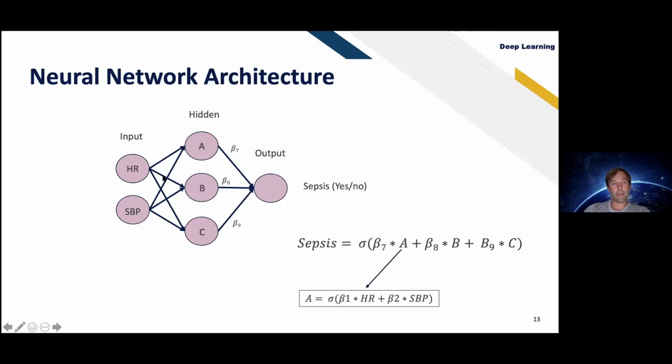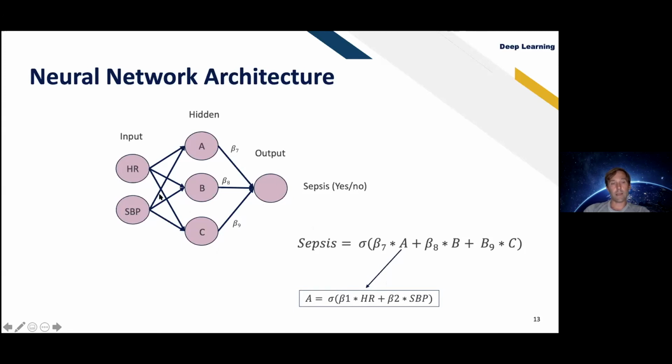The idea is that you have these three hidden nodes within the network, and your input variables feed into these hidden nodes that are underlying the model itself. And what those hidden nodes allow you to do is to combine the initial input layers into new features or new representations of the data.